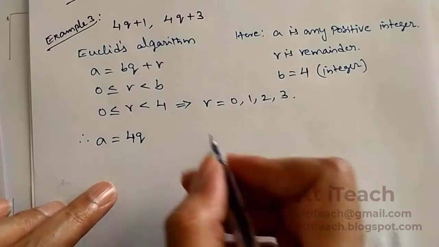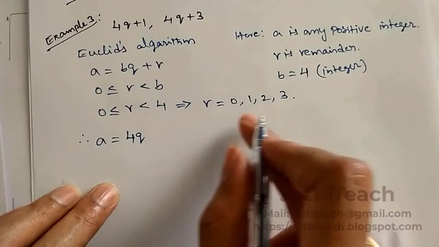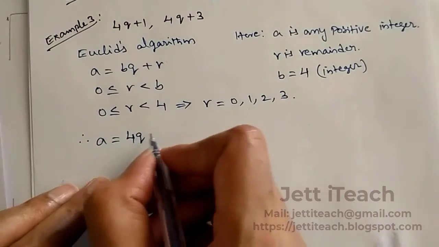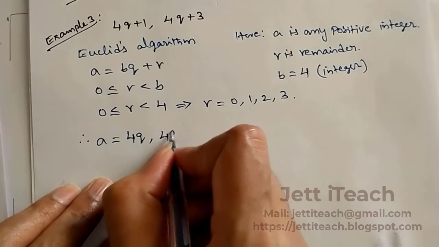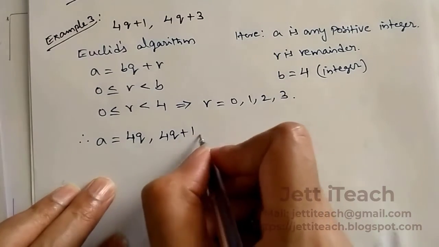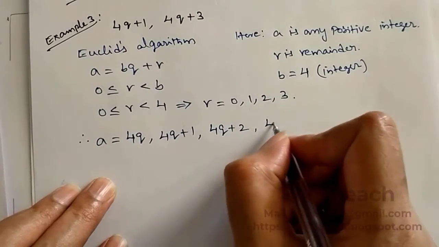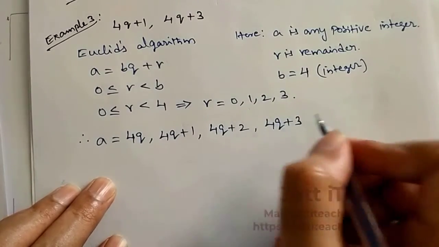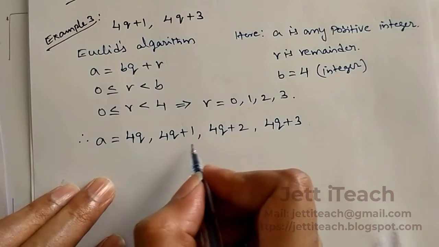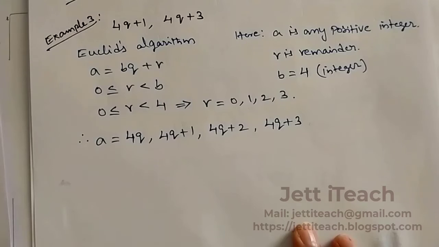Instead of r, I will write all the numbers 0, 1, 2, 3. See: 4q plus 0, 4q plus 1, 4q plus 2, 4q plus 3.